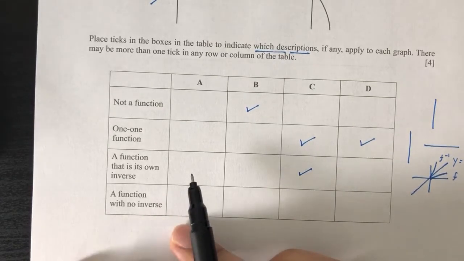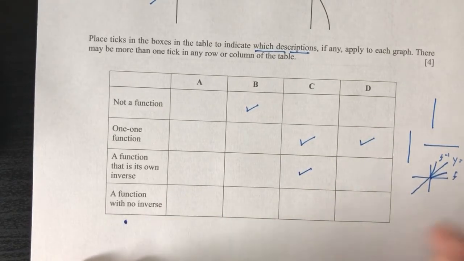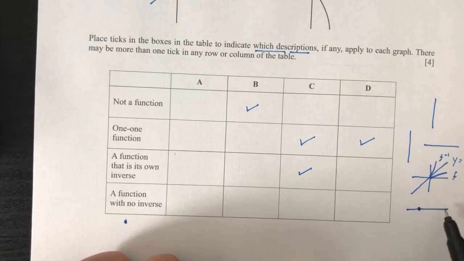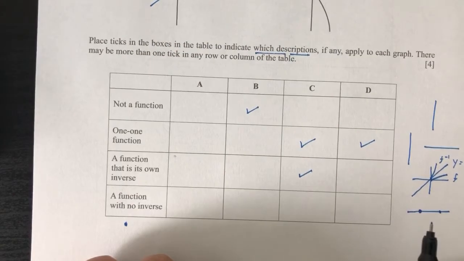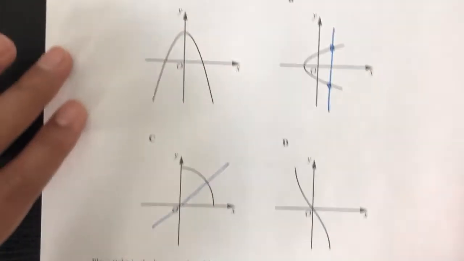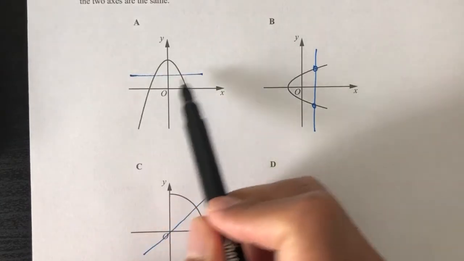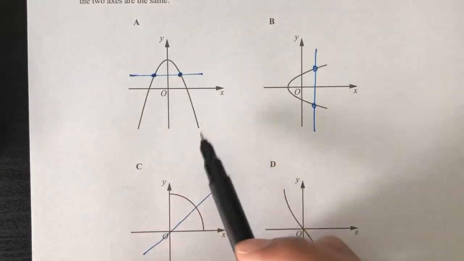Now for the last one, a function with no inverse. So pretty easy. Let me go directly. If you were to draw a line like this, and it cuts the curve at 2 places, then it does not have an inverse. So let's see which one does not have an inverse. This one is 2 places, more than 1.